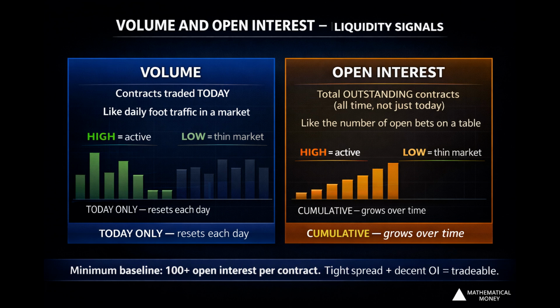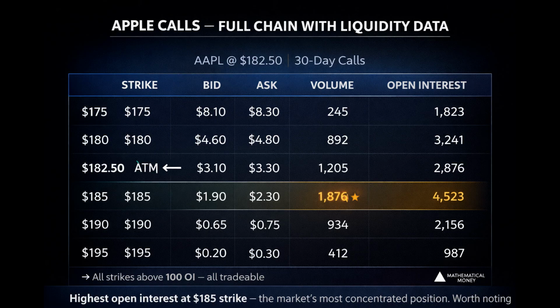As a new trader, you want both volume and open interest to be reasonably high. A minimum of 100 open interest per contract and a tight bid-ask spread are your two baseline filters for liquidity. Let us apply those filters to the Apple chain. Looking at the call side, 30 days to expiry. Strike 175, volume 245, open interest 1,823.